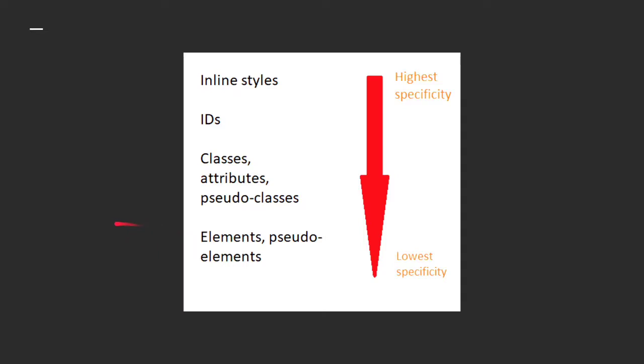In this chart, you can see that inline styles have the highest specificity, followed by ID selectors, class selectors, attributes, pseudo classes, and at last elements or pseudo elements. So selectors having elements have the lowest specificity. Let's look at these with the help of a few examples.